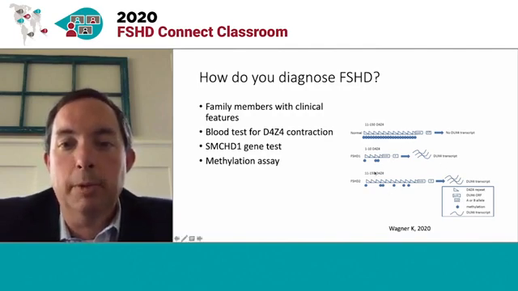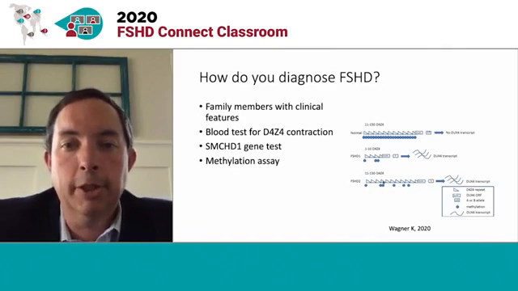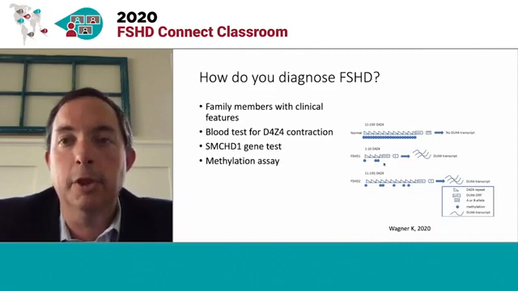We'll go back and forth between FSHD1 and FSHD2, but while we're here for a minute, just to remind folks that in FSHD2, in fact, there's no contraction in the repetitive elements, but rather there's hypomethylation, which are these blue dots here, across that repetitive element, typically due to a mutation in a gene called SMCHD1, which is a methylation gene.